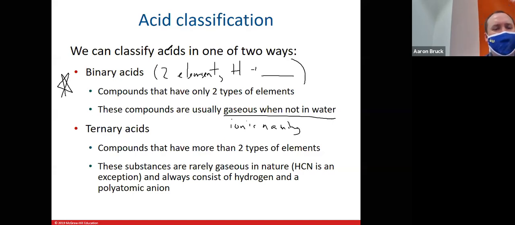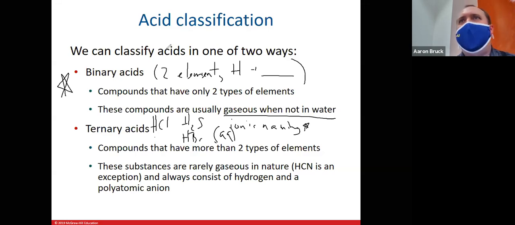So if you see something like HCN, HCl, H2S, HBr, unless it has the designation aq next to it, we have to assume that it's ionic.